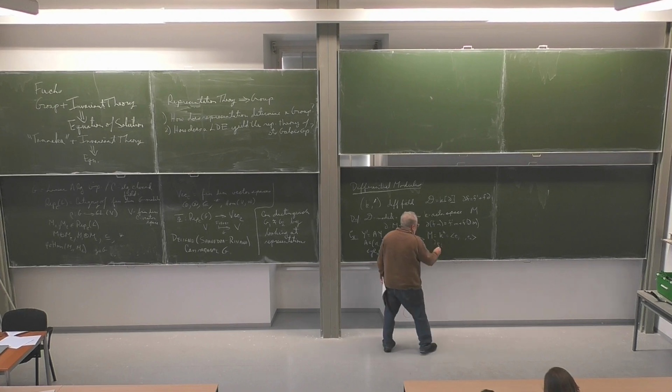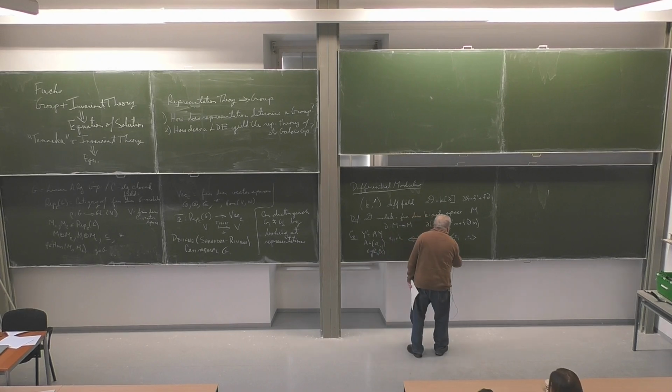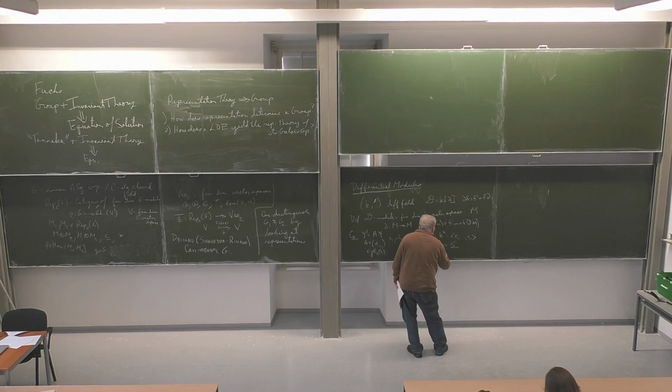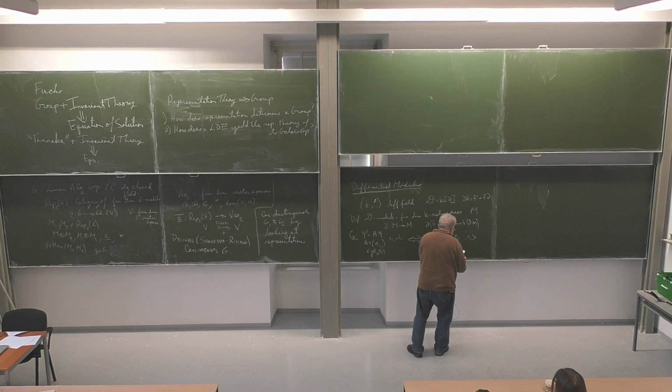I want D of e_j to be a sum over i of minus A_ji e_i.